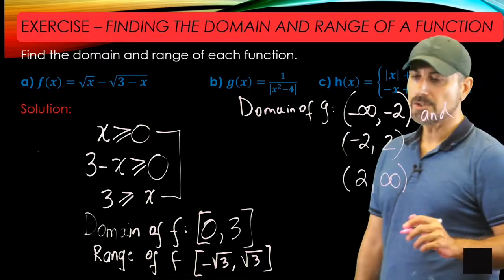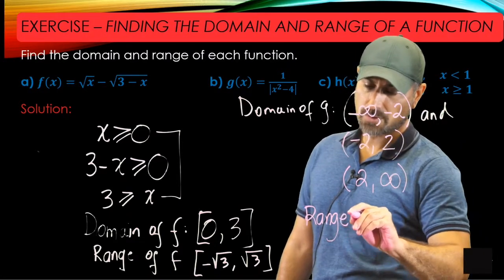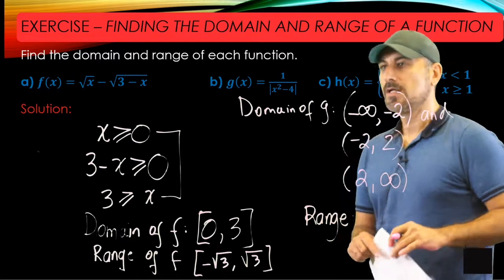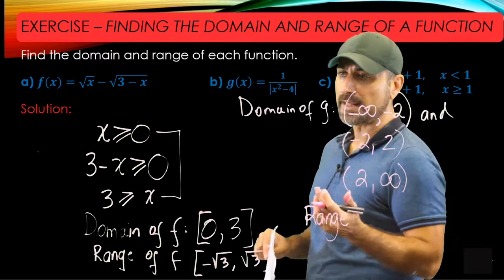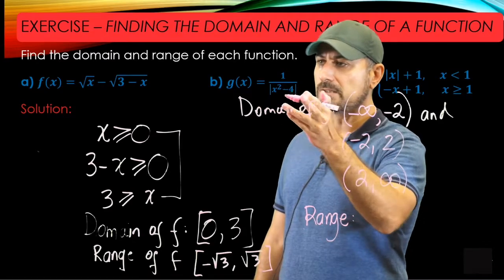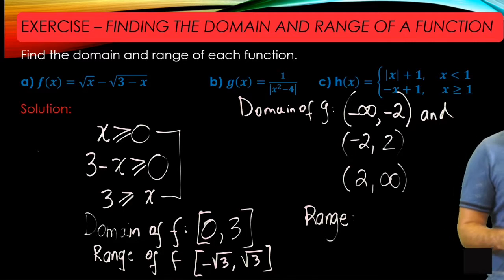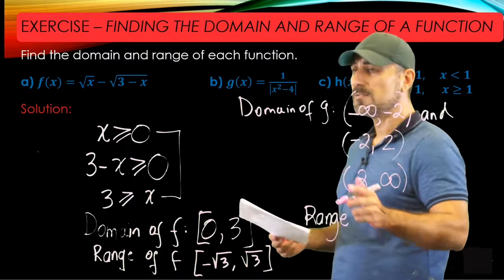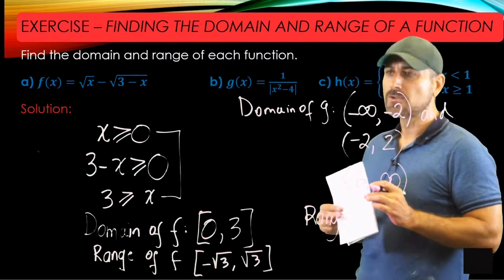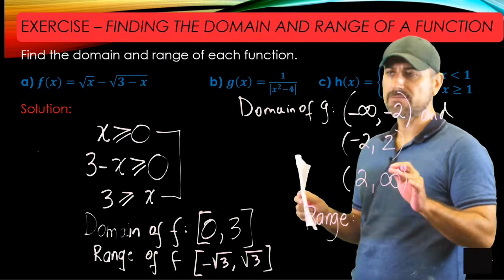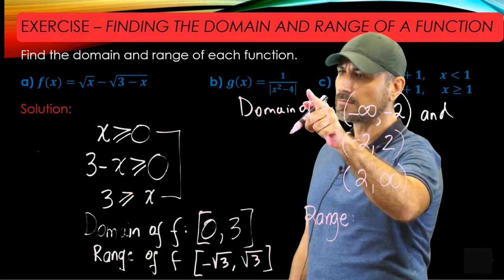How about the range of g? The range is the set of all images for the x's coming from the domain. The bottom here is the absolute value function, and it's always positive, so you're dividing 1 by a positive number all the time. So we know the output is going to be non-negative. Then you should ask, can this value be 0?